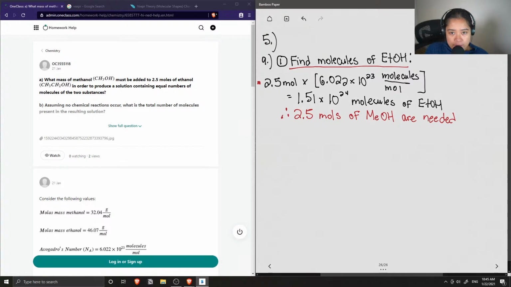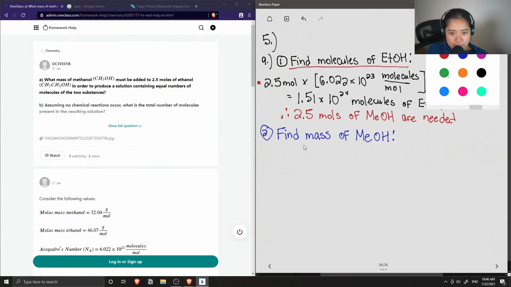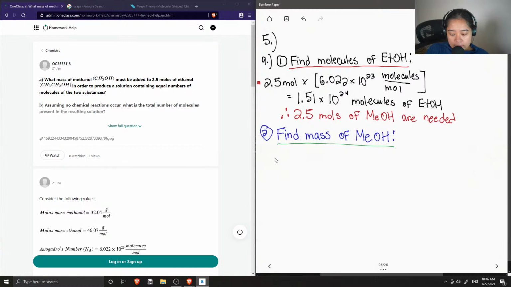So for step 2, we need to find the mass of methanol. When calculating mass, all we need to do is multiply the number of moles by the molar mass.